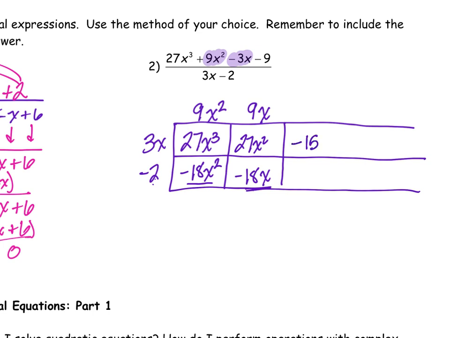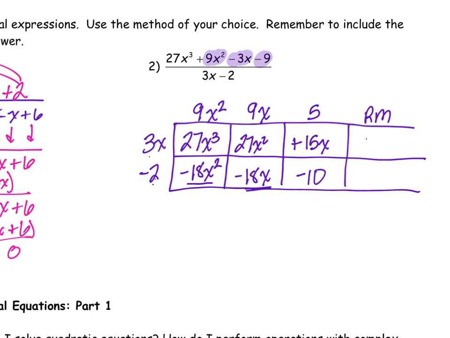Sorry, not negative 15, positive 15x. So what do I multiply 3x by to get 15x? I think that's 5. And 5 times negative 2 is negative 10. And then we're at our remainder. So what do I add to negative 10 to get negative 9?